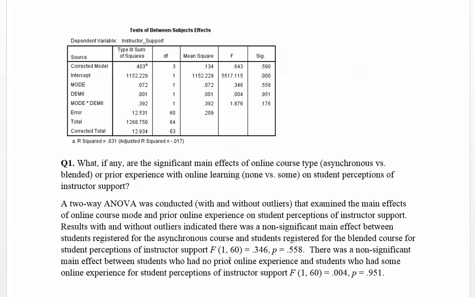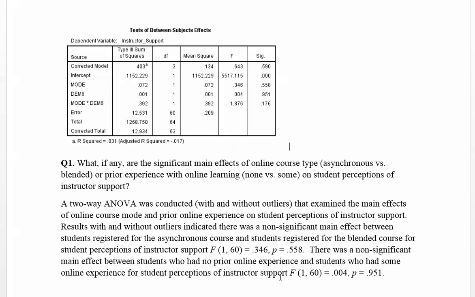So what I'm looking at is a non-significant main effect between students registered in an asynchronous course and students registered for the blended course for student perceptions of instructor support. And I'm looking at the error rate, I'm looking at the information down here, and I believe I've got that all correct. And I'm also saying that there was a non-significant main effect.